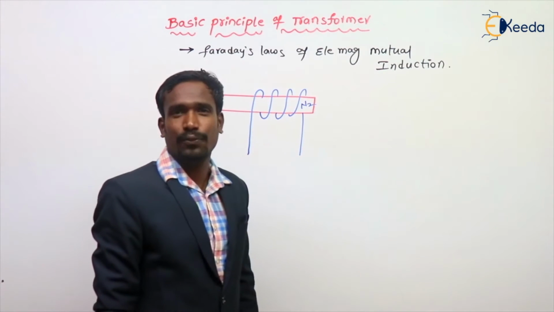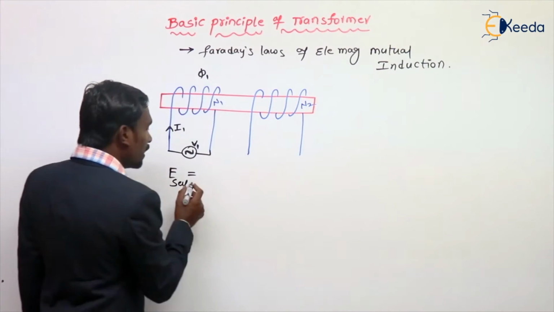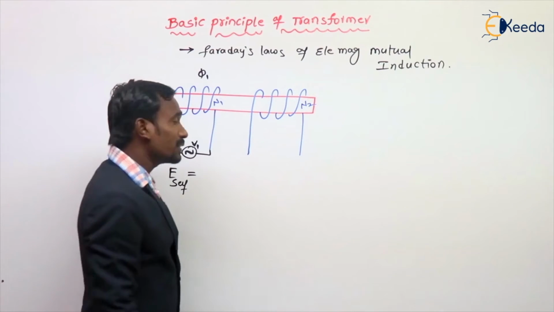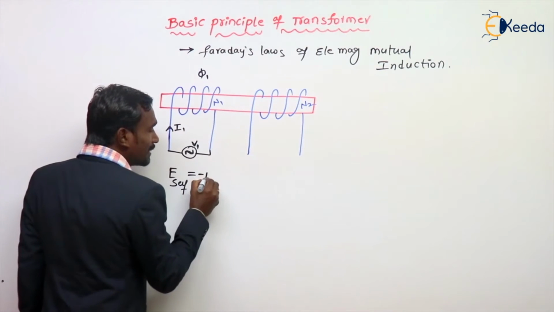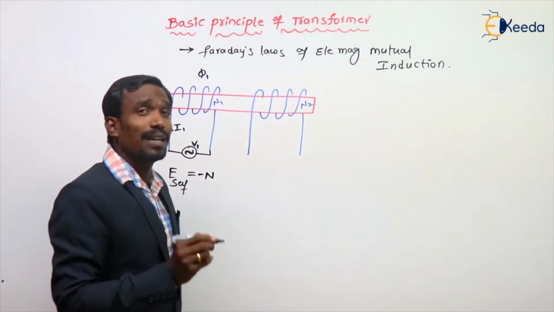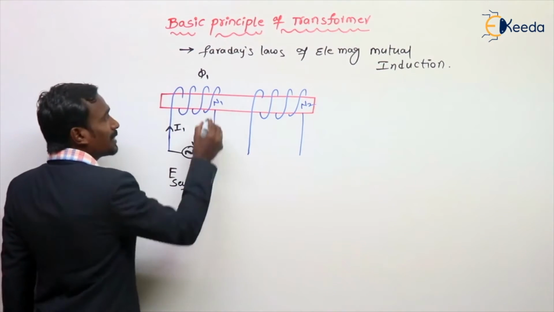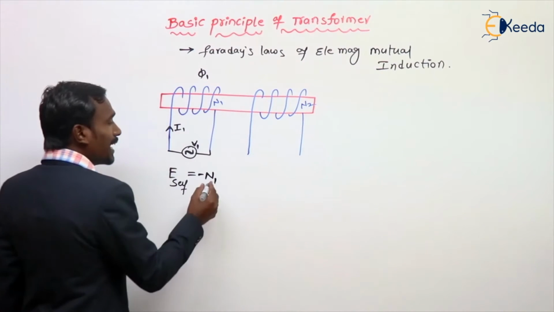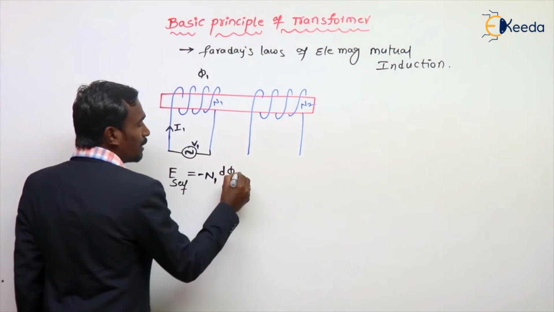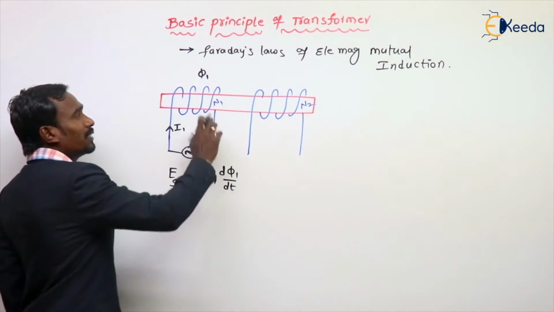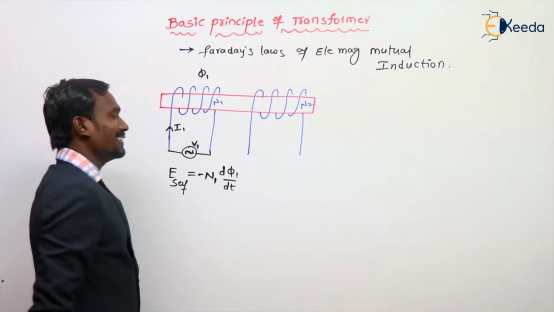This self-induced EMF is equal to minus N multiplied by d phi upon dt, where N is the primary winding turns N1: minus N1 d phi1 upon dt.